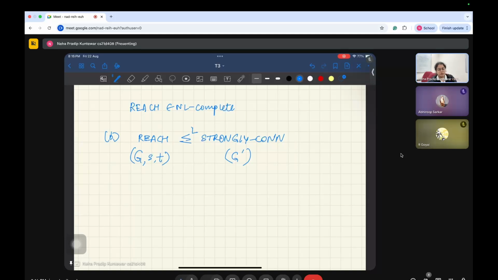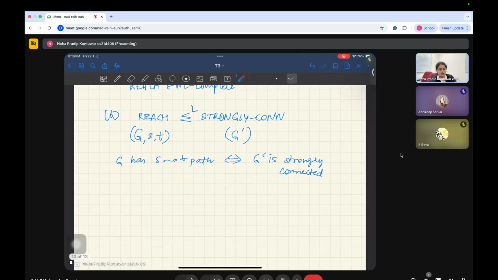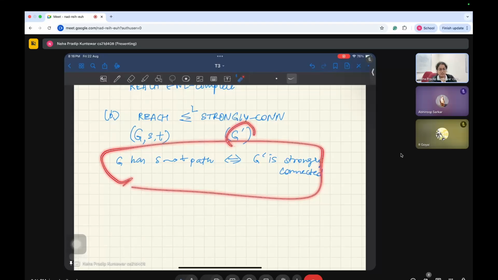What we want to make sure is that G has an S to T path if and only if G prime is strongly connected. So can you think of a modification which will ensure this? How do we get the definition of G prime?